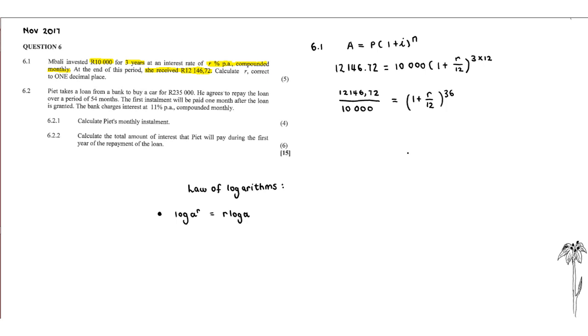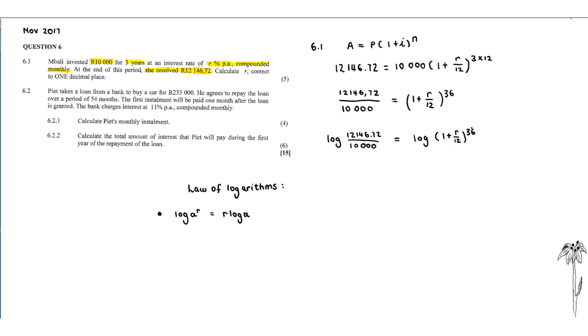So first thing, I'm taking the log of both sides. So log of 12,146.72 divided by 10,000 is equal to the log of (1 plus r over 12) to the 36.